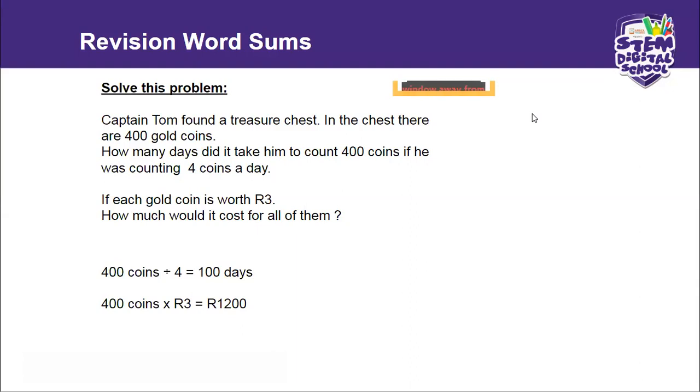You remember previously when you did counting, you can actually count in hundreds. 100, 200, 300, and 400. Is there anyone who remembers? I believe you do, okay? So if you divide those hundreds into 4, then you can actually see that it will take them 100 days. Okay.